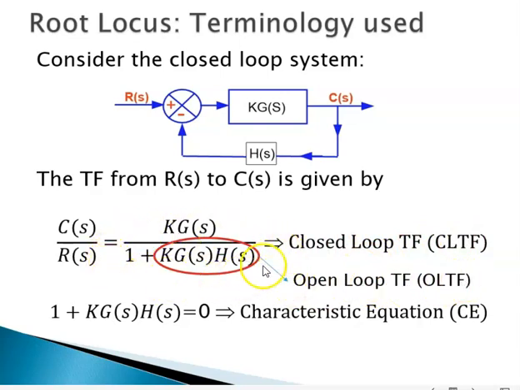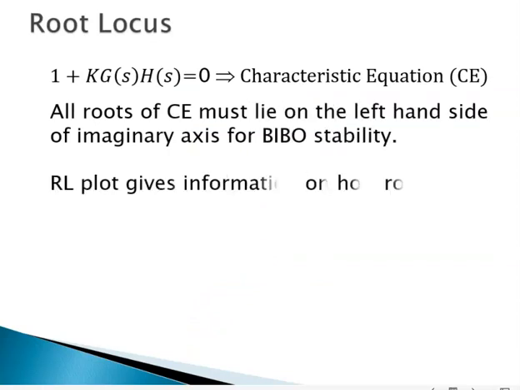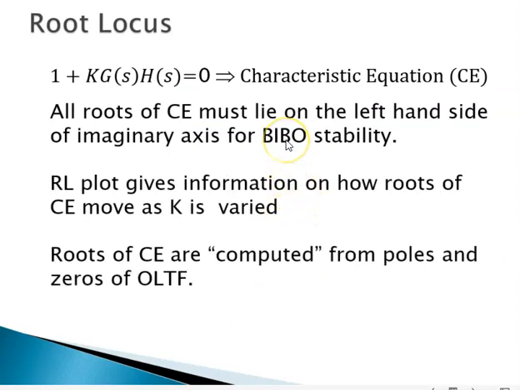This denominator equated to 0 is what we call the characteristic equation. We are interested in the roots of this characteristic equation. In fact, when we say root locus method, we are trying to plot the roots of this equation as K is varied from 0 to infinity. The roots of this characteristic equation are important to us because BIBO stability is decided by them.